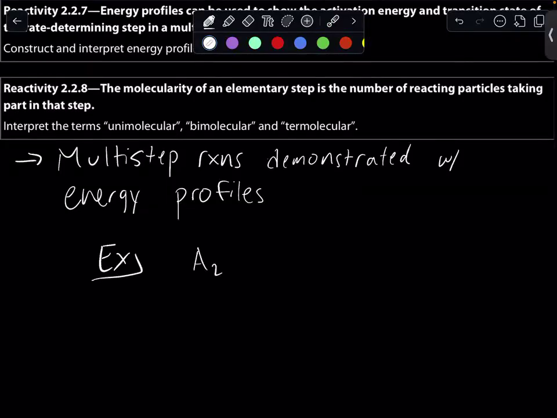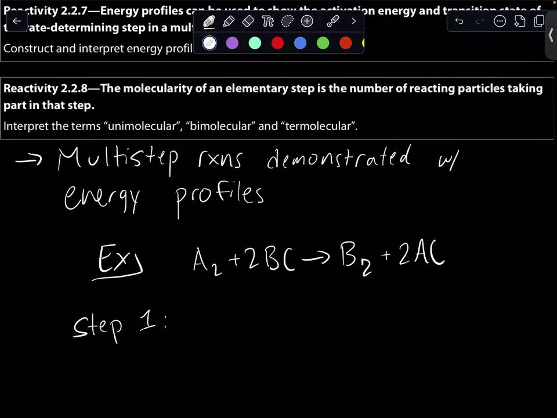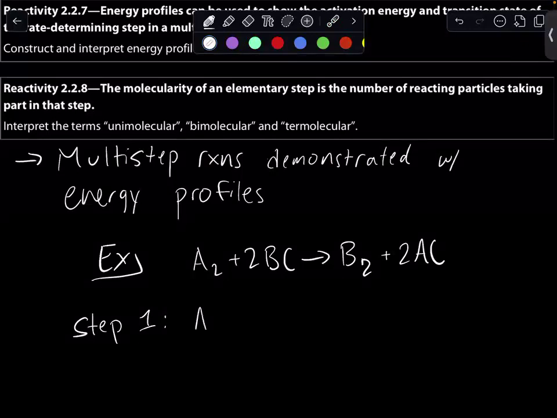If we have A2 plus 2BC reacts to form B2 plus 2AC. Now, we can say there are two steps in this, so we'll just assume a step one, and that step one might be A2 plus BC reacts to make AB plus AC.